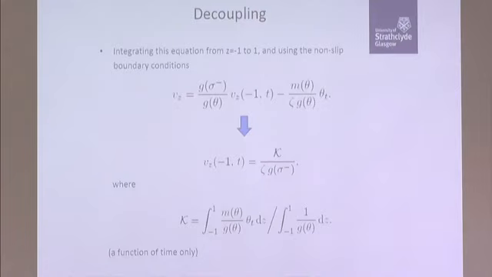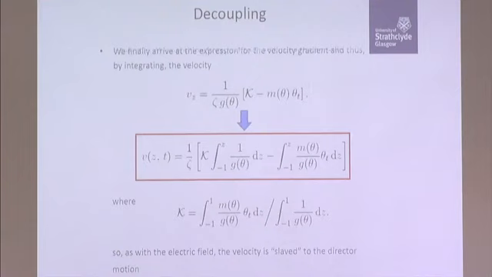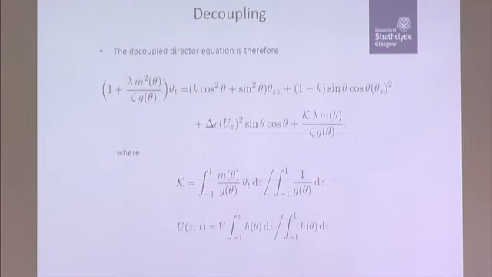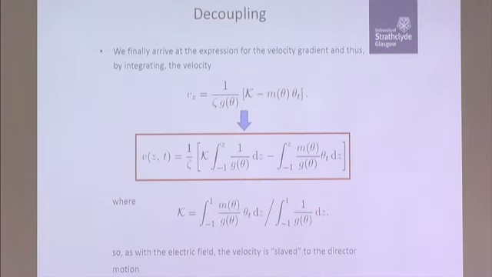I can put it back into this equation here effectively, and I now have an equation for Vz, dV by dz, throughout the cell, and it depends on theta. Okay, and so here we have the exact expression for I can integrate this, so here's the exact expression for the velocity throughout the cell at any time t.